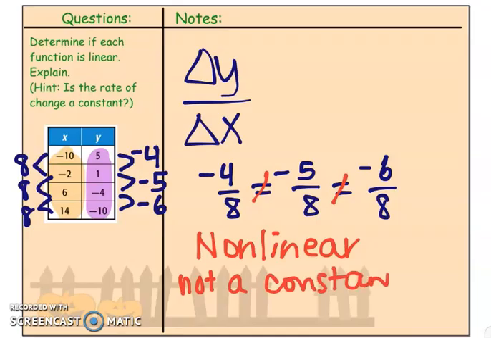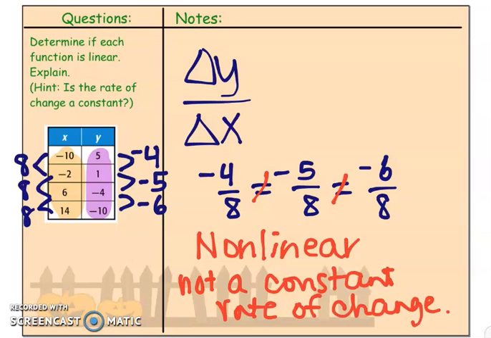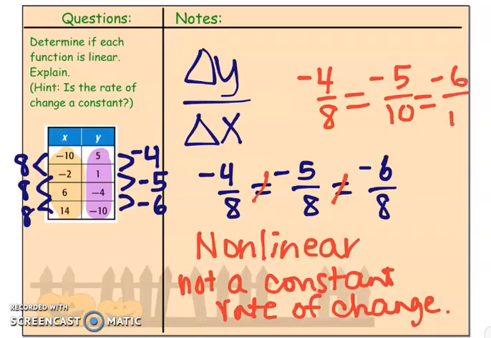Be careful because just being different numbers doesn't guarantee that it's not going to be a constant rate of change. So just for example, if this one looked like negative 4 over 8, and then negative 5 over 10, and then negative 6 over 12, that would have been okay. So you have to be careful.